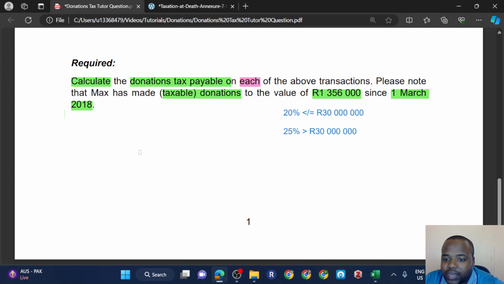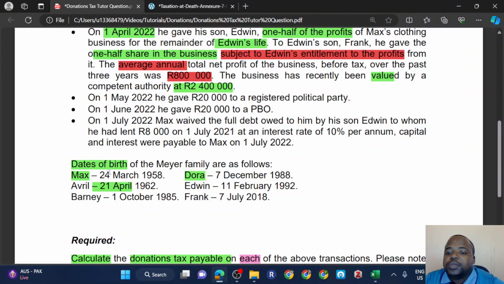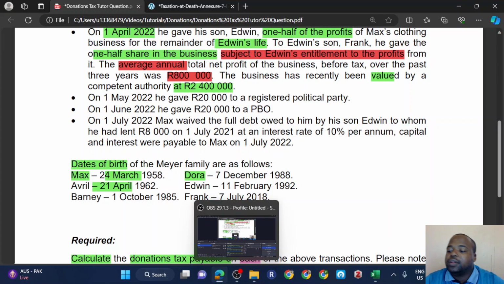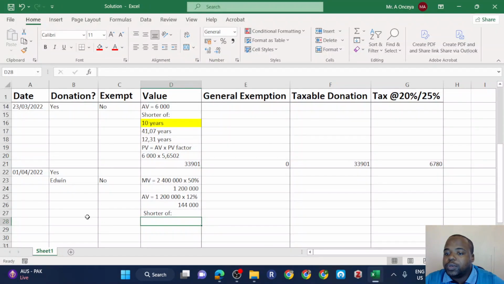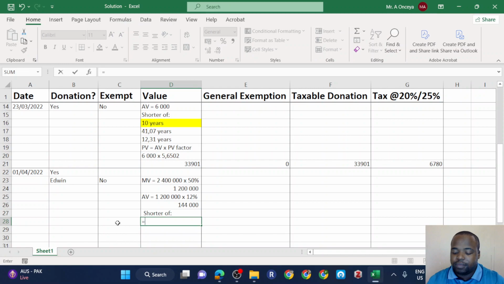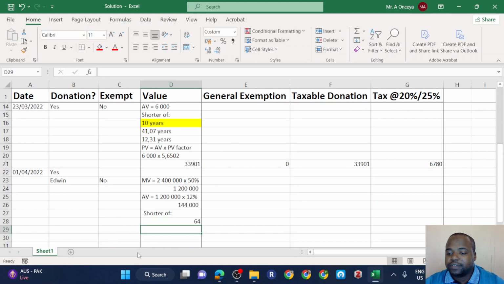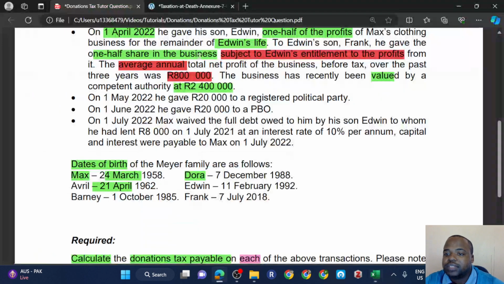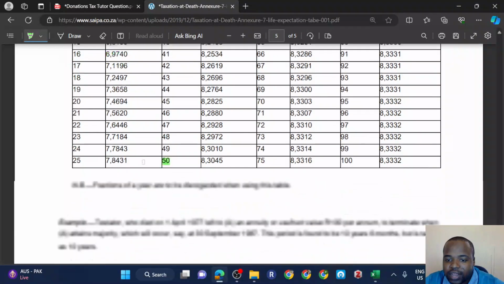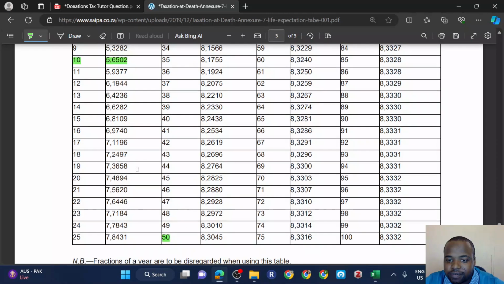Max was born on 24 March 1958. Today is 1 April 2022. So it means he is 64 years old on 1 April, 2022 minus 1958. And if that's the case, we look at the life expectancy of a 64-year-old.